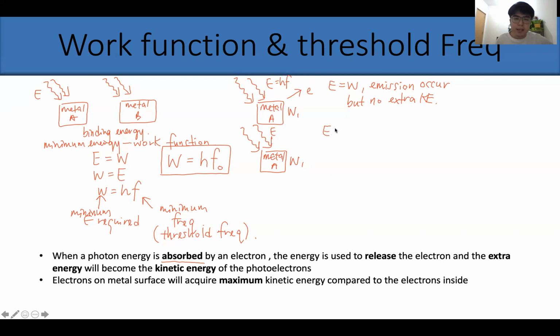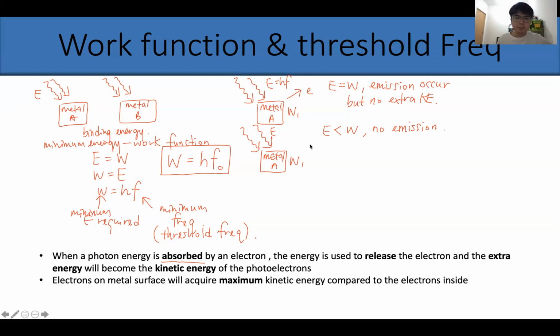Then what happens? If it's less than the work function, will there be emission? No, right? Because the work function is the minimum energy. If you give less than it, then you cannot emit any electron. So here there is no emission of electrons. Nothing happens.